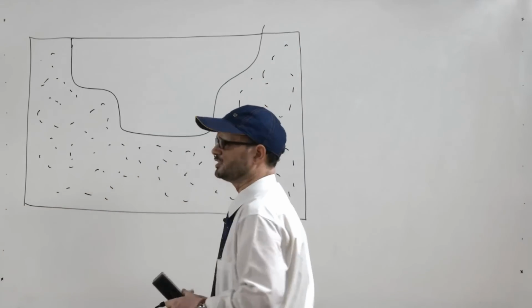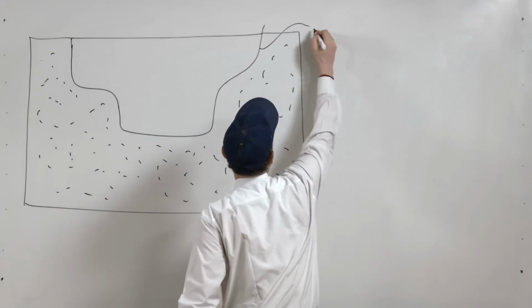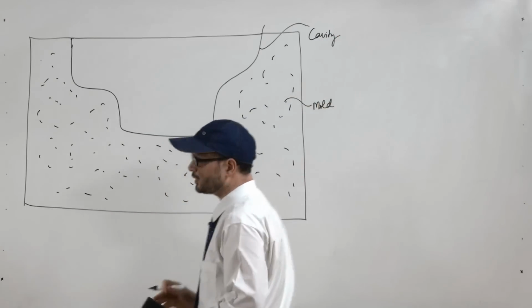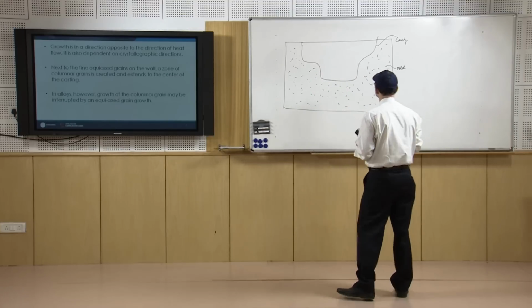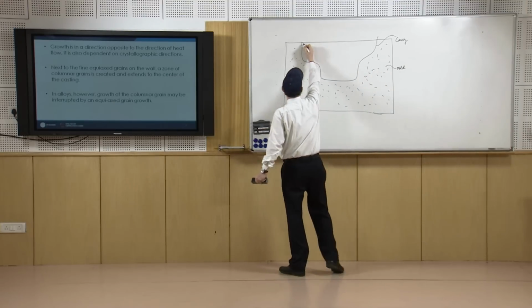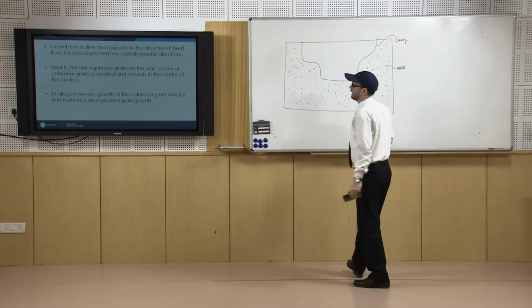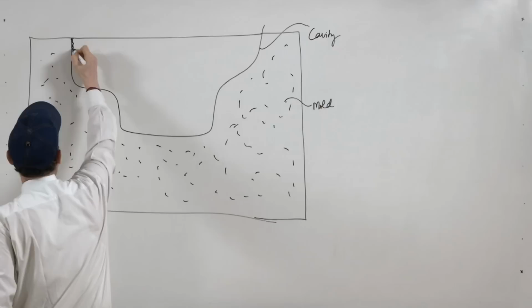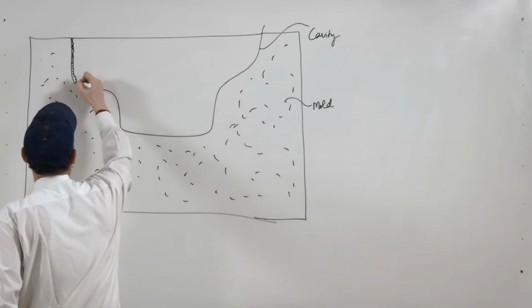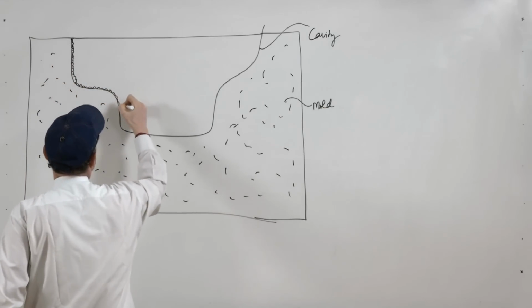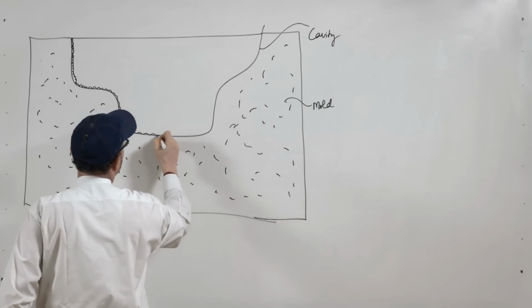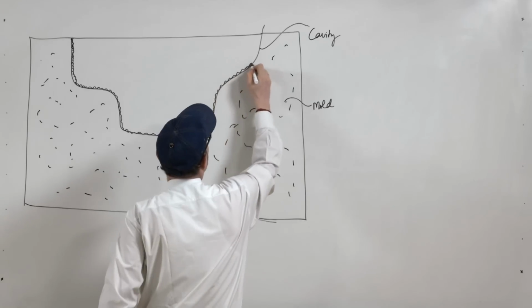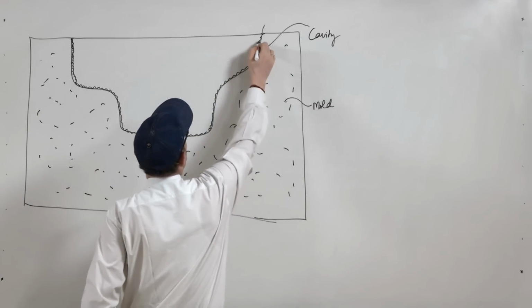So, what we see is this is your cavity and this is the mold. Now, once we pour the liquid metal into it, what happens? The liquid metal touches these walls and the nucleation starts at these walls. So, all the fine nuclei start to form at these walls, and further they grow, and we will discuss how they grow.